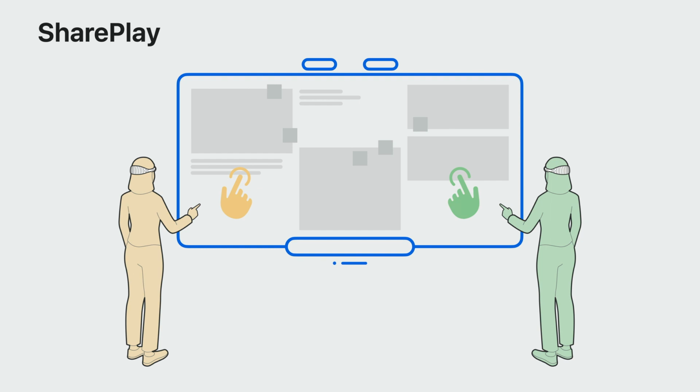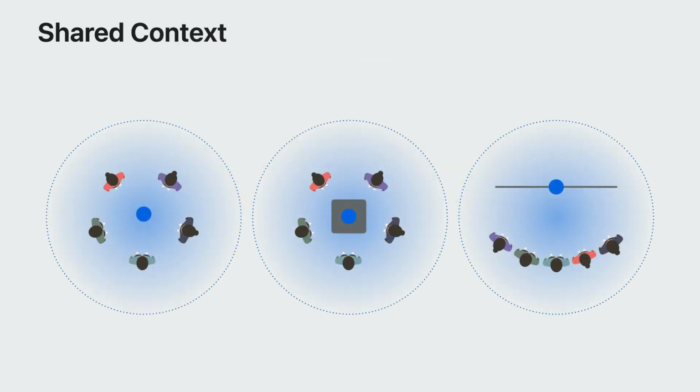When people are collaborating on something that is shown in their space and that they physically point at, it is important that everyone in the SharePlay session has the same experience. This enables natural references such as gesturing to an object and reinforces the feeling of being physically together. We've added the concept of shared context to the system.